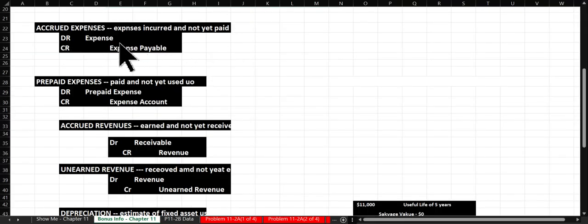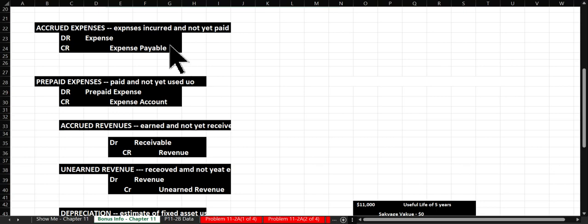One of the popular types of adjusting entries would be for accrued expenses. What does that mean? An accrued expense would be an expense that we have incurred and not yet paid. For example, we received the bill for electricity that we have used for the month.